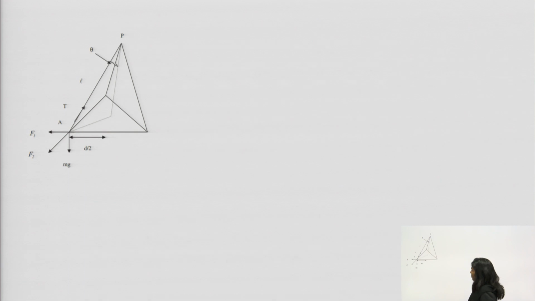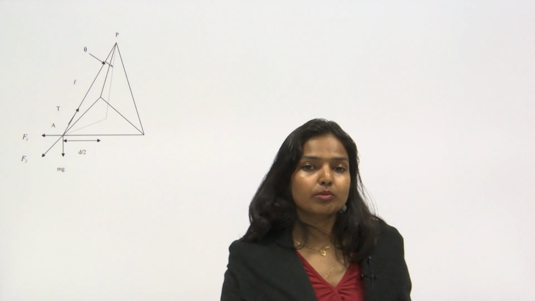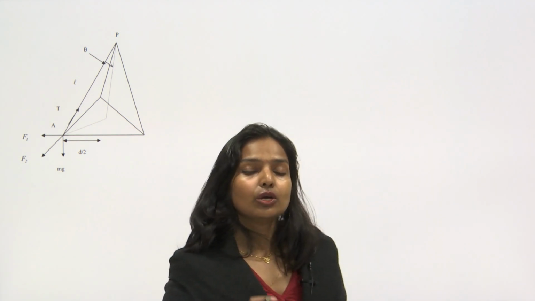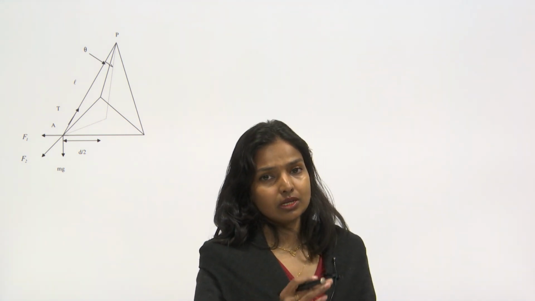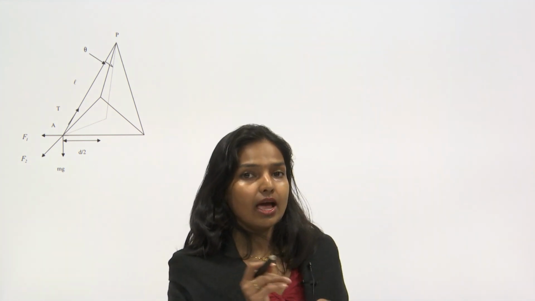I hope you have got some idea of how to equate, how to write the equations, and how to imagine such things, because electromagnetic field theory is totally about imagination. You need to imagine everything, because things are three-dimensional and many things can't be seen, they can only be visualized.